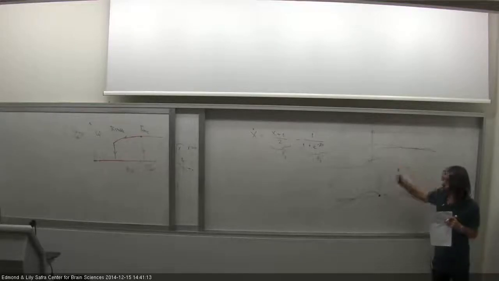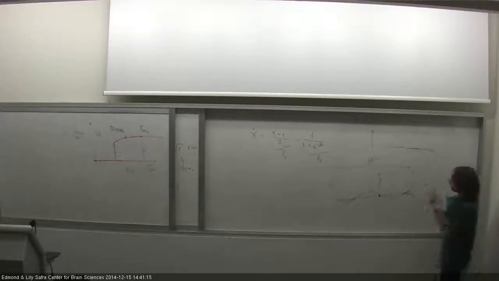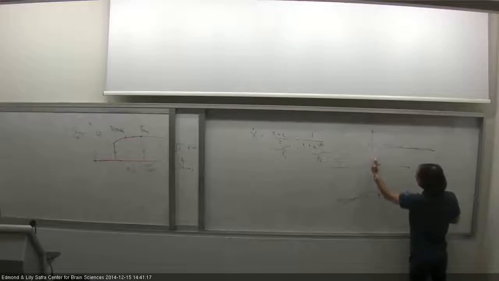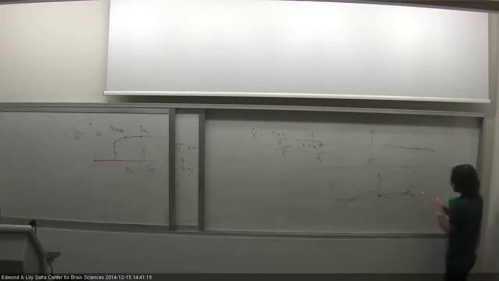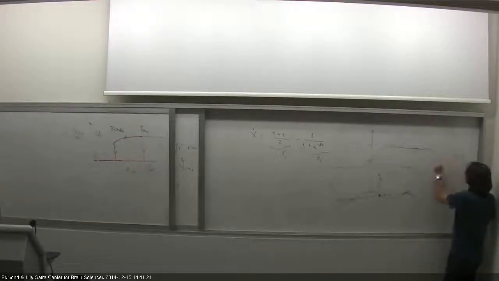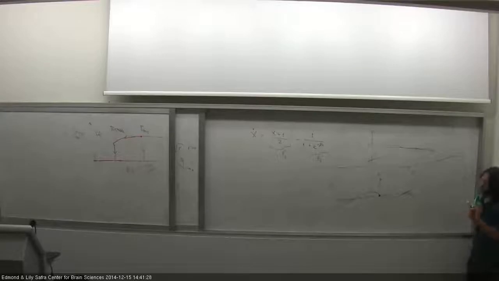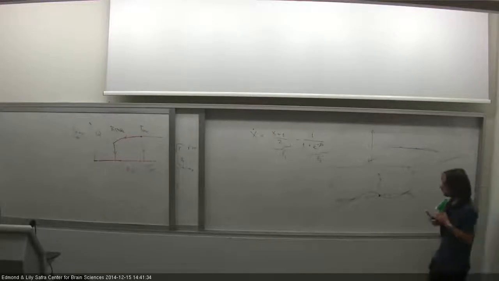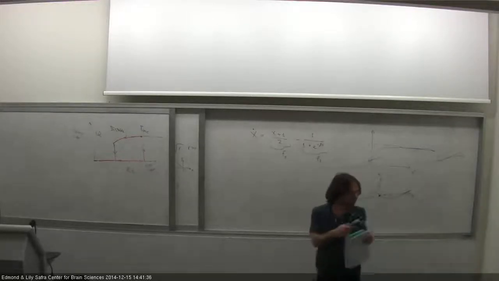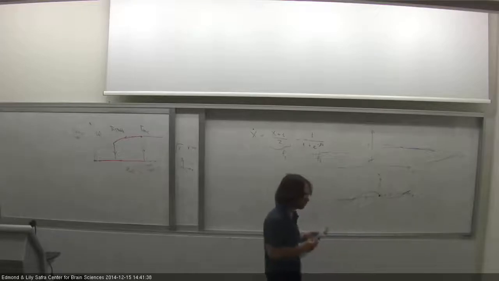If I do this for different values of beta, the slope of the sigmoid will change, and I might get a situation that looks like this, with the line and the sigmoid only intersecting at one point. Okay? Now, I can ask, what is the critical value of beta? And this is for your question from before.